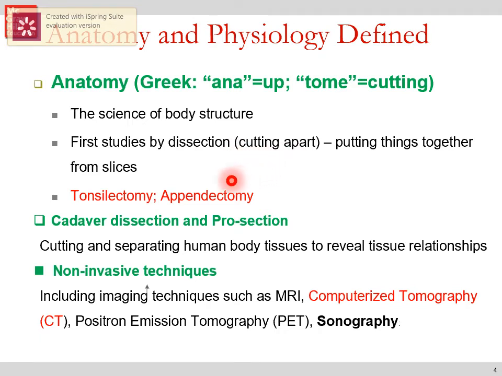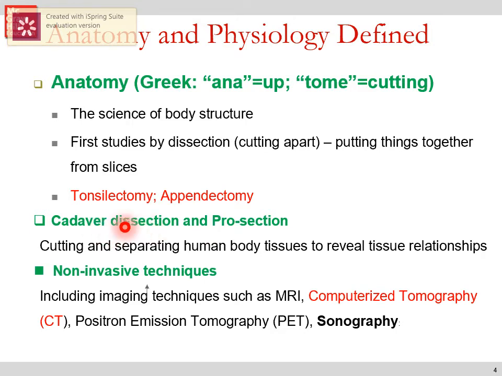Like I said, tome means to cut up. So tonsillectomy means cutting up the tonsils. Appendectomy means cutting up the appendix when somebody is diagnosed with appendicitis. And cadaver dissection and prosection are two different terms.